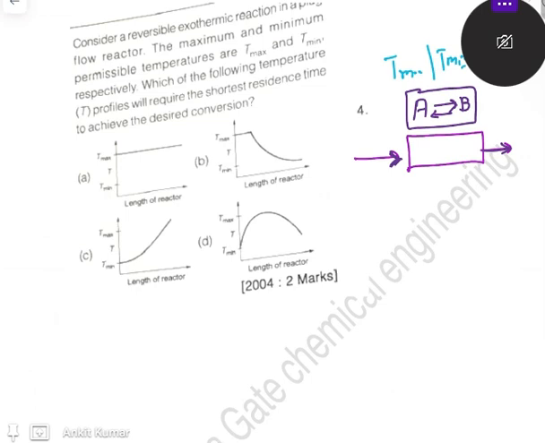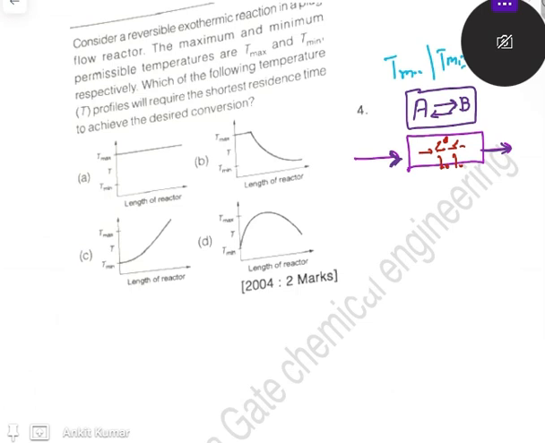Once the reaction progresses and heat is generated, and this is an adiabatic condition, is that clear? Then along the length of the reactor, the temperature will start increasing, right?